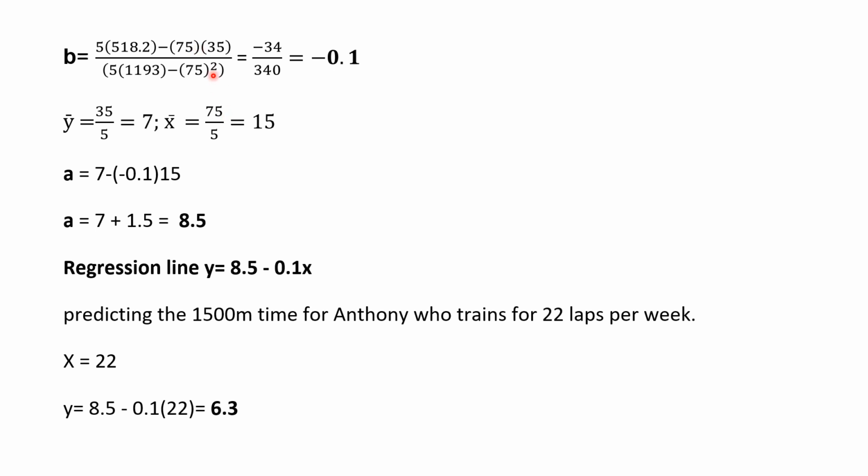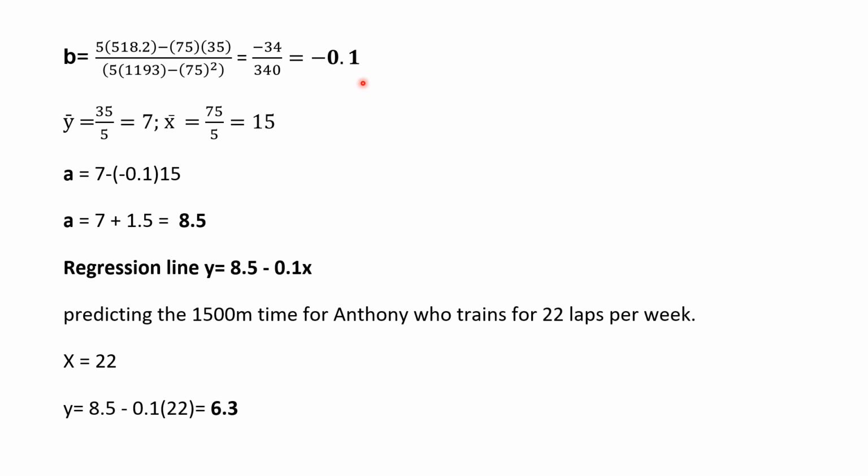This is x, and then we have to square it. So summation x, that is 75, we square it. Now if you do this on your calculator, you should get negative 34 divided by 340, which will give you 0.1.